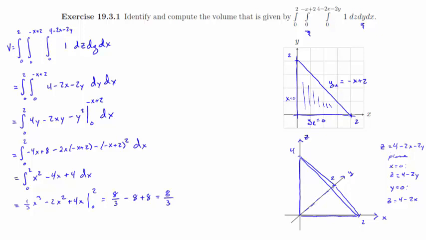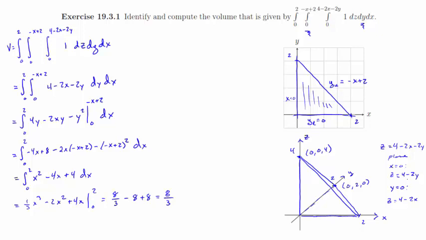So if I start by looking at z equals 4 minus 2x minus 2y, if I set x equal to 0, I get z equals 4 minus 2y. So we get a z-intercept of 4, which is really the point 0, 0, 4, not just the number 4. Then we have the point 0, 2, 0.